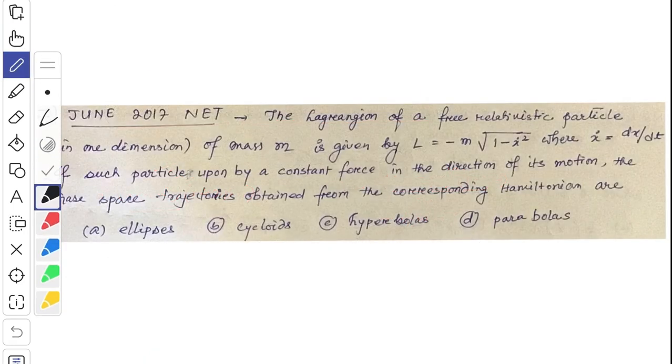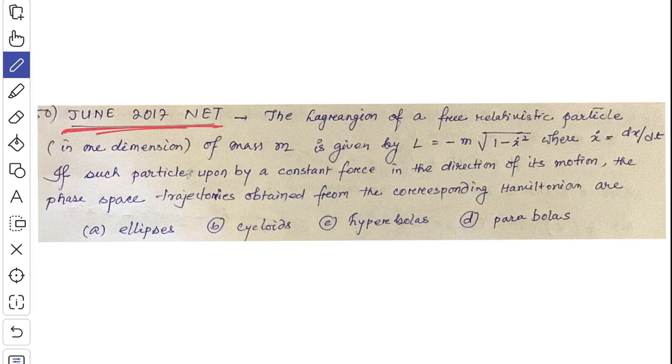So our next question is here, June 2017 CSIR NET. Here the Lagrangian of a relativistic particle is given. This L is equal to this one, where x dot represents dx by dt. So that's what we know. And we need to find the trajectories of the corresponding Hamiltonian.